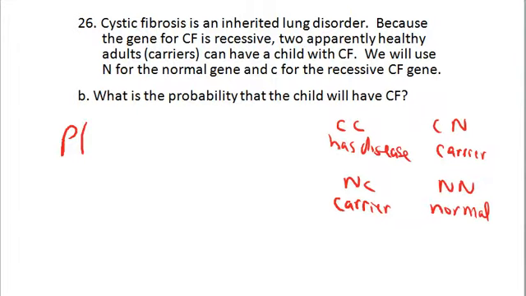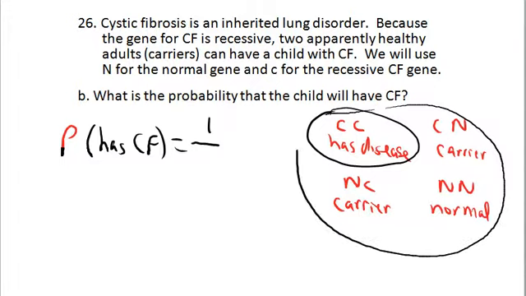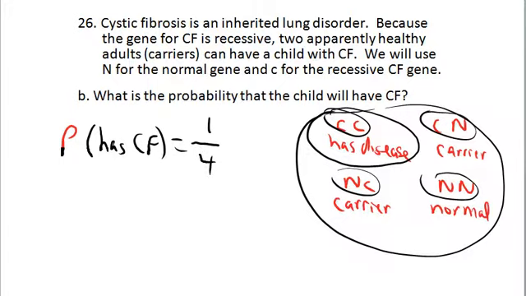There's exactly one where the child would have cystic fibrosis over a total of 4 possibilities: the cc, the cN, the Nc, the NN. So the probability that the child would have cystic fibrosis is 1/4.